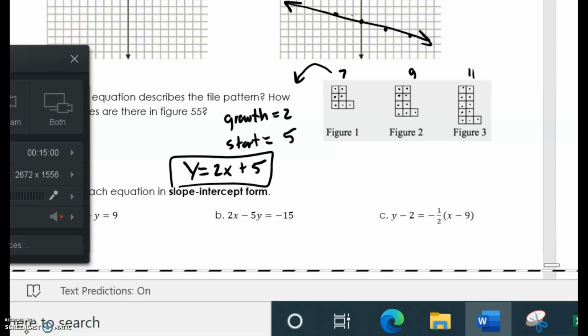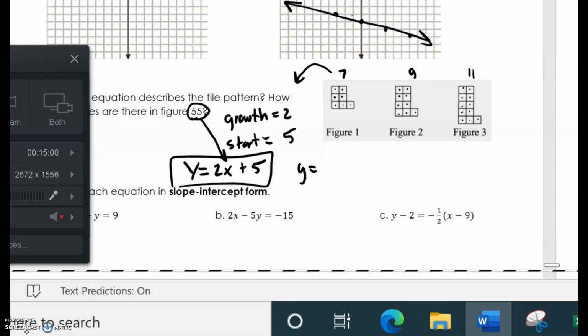Second part, how many tiles are there going to be in figure 55? Now I could just keep counting. I could add 2 and be in figure 4, add 2 and be in figure 5, but that's going to take forever. So why don't I use the equation that I just built? The y represents the number of tiles, and the x represents what figure we're on, right? So if we have figure 55, we can plug that in place of the x, and we can figure out how many tiles are going to be there.